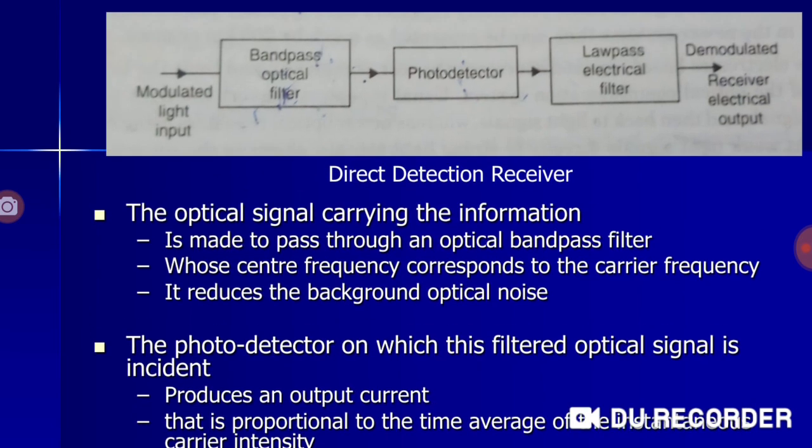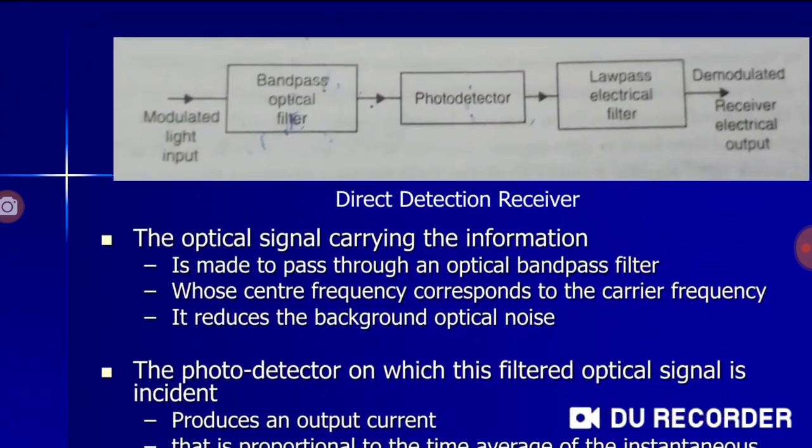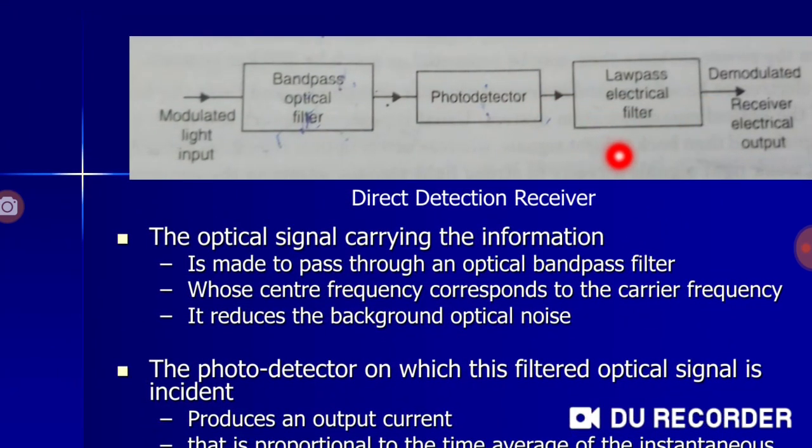So here the photodetector is basically converting the entire light that is falling onto it, the light signal, that is actually the carrier which is carrying the information, into the corresponding electrical signal. So the converted electrical signal over here contains the carrier in electrical form along with the information in the electrical form. So now it is subjected to the low pass electrical filter.